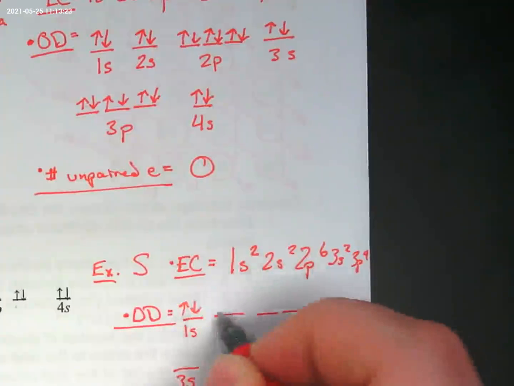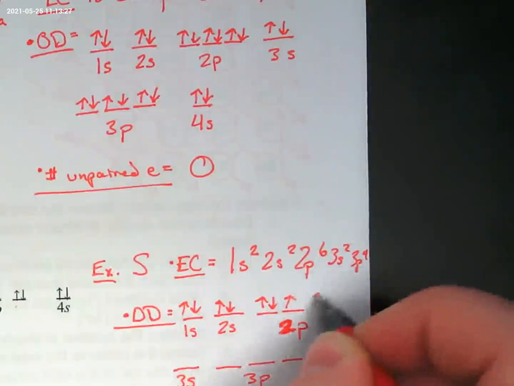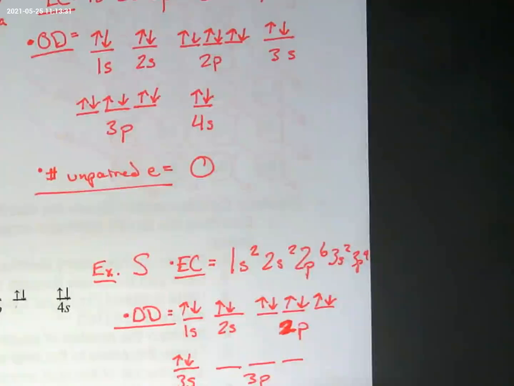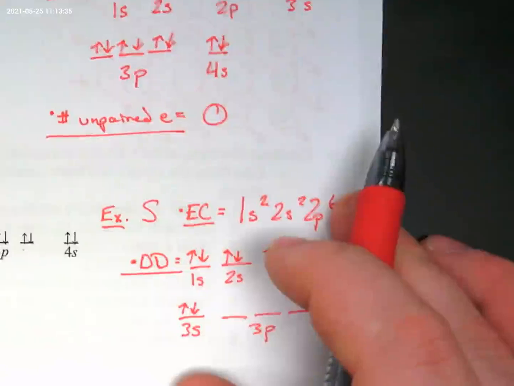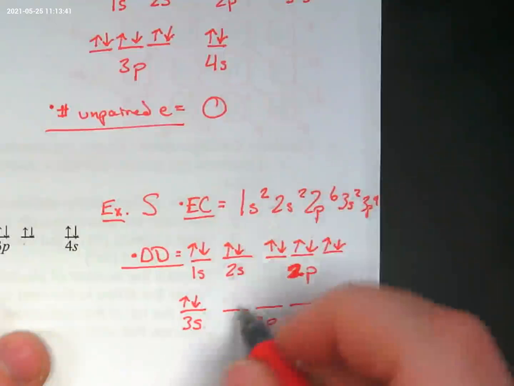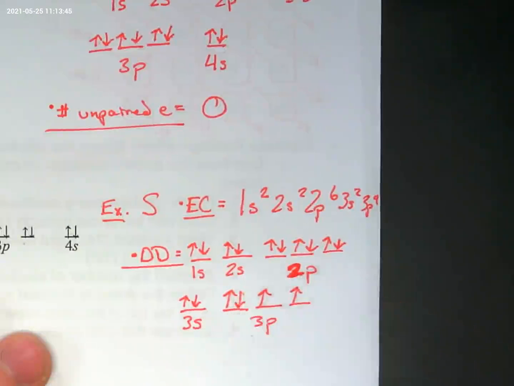So we fill in the spins. Now, this is where we want to have this habit of filling in up spins first, then down spins, because here 3p is only going to hold 4. So we're going to go 1, 2, 3, and then come over here and fill those from left to right.